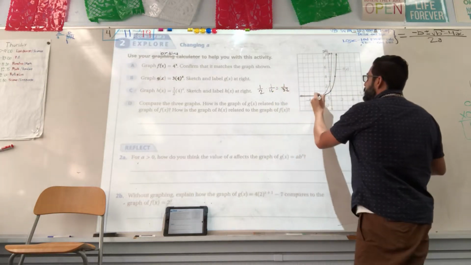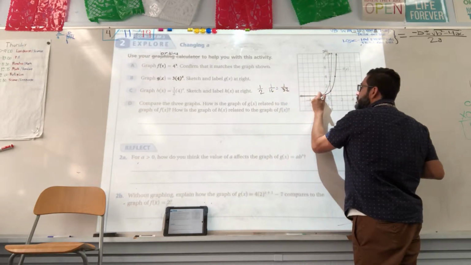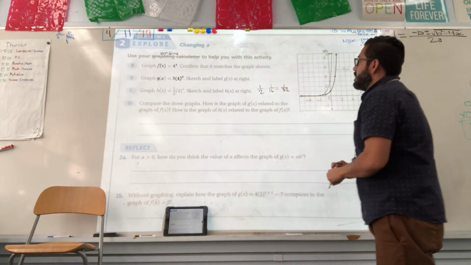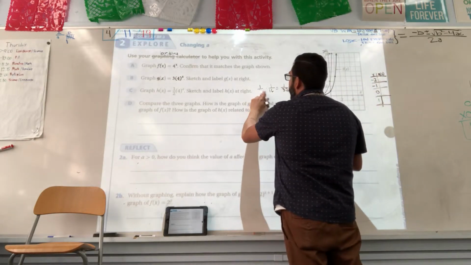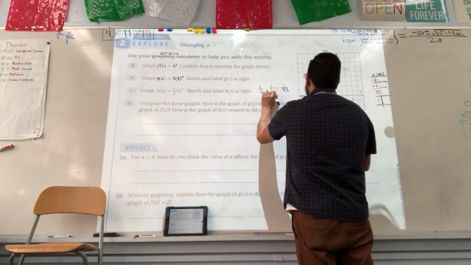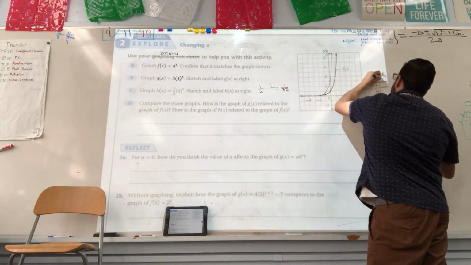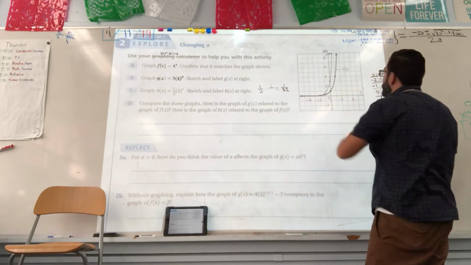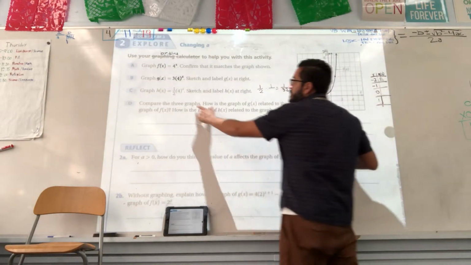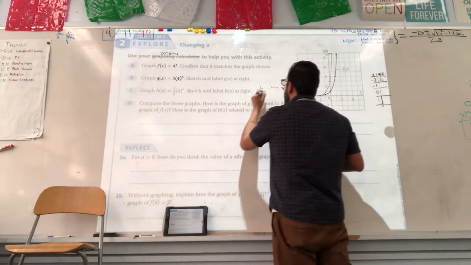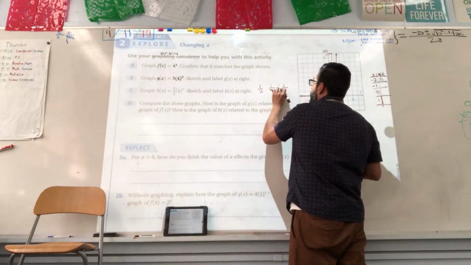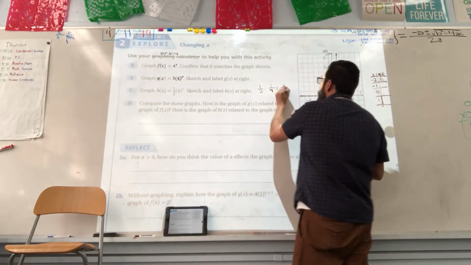So -2 is going to be even smaller than the 1/16 of the original one. For -1, 4 to the negative first power is 1/4. 1/2 times 1/4 is 1/8.